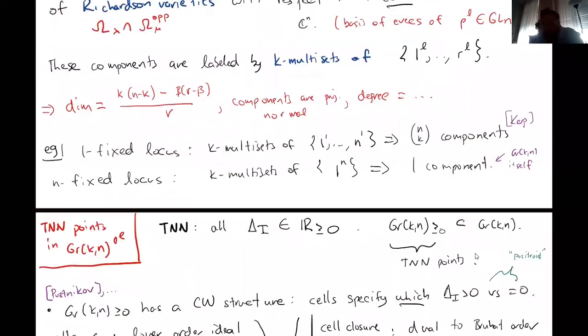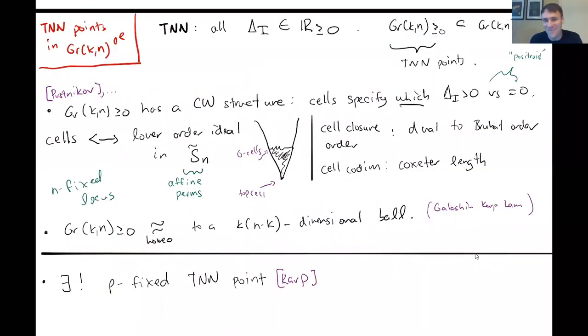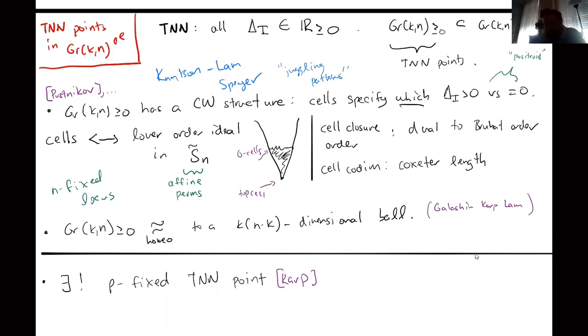In the cyclic symmetric setting, it's my construction, but in the usual setting, it's not the way Postnikov wrote it. The reference where they explain this clearly is due to Knutson, Lam, and Speyer. It's called juggling patterns or something. So they don't use the notion of affine permutation? No, they do. But Postnikov did not.